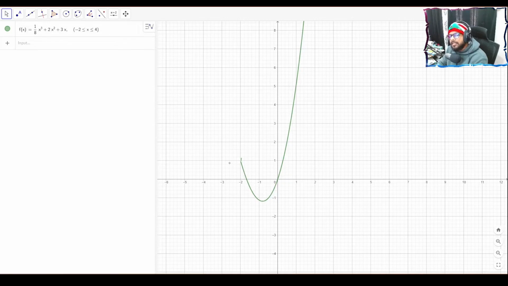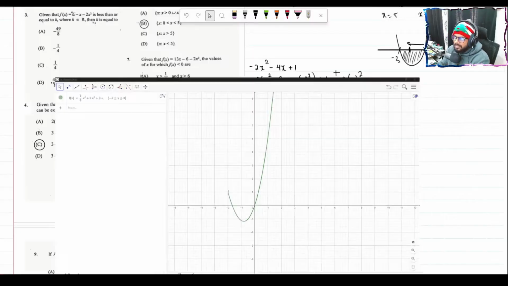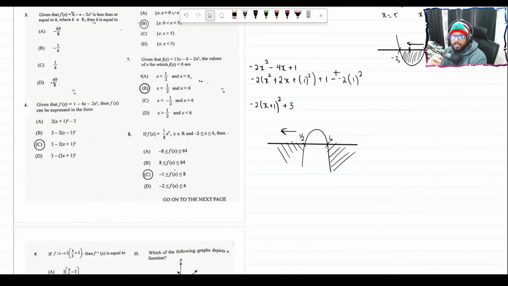So in the event that you don't have a simple graph to work with, my advice is to calculate all the minimum and the maximum points. And if those minimum and maximum points exist within the domain, then those will be the values for the range. Let me translate it into the graph again for you.